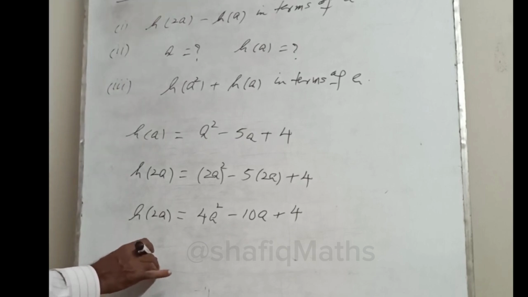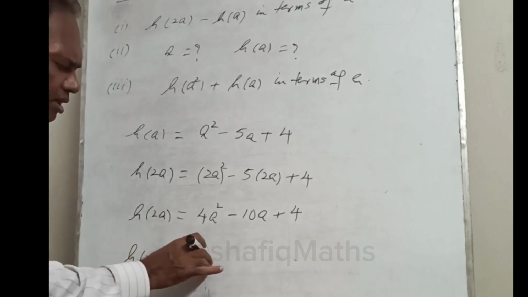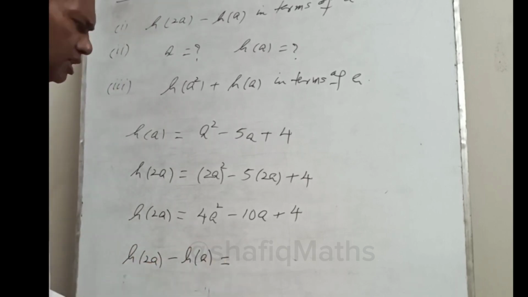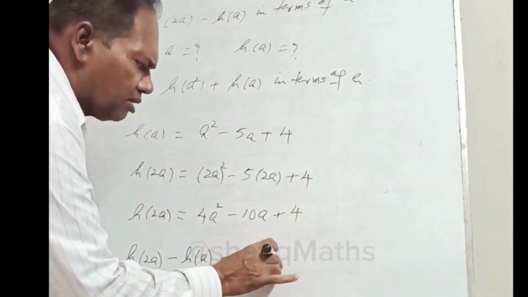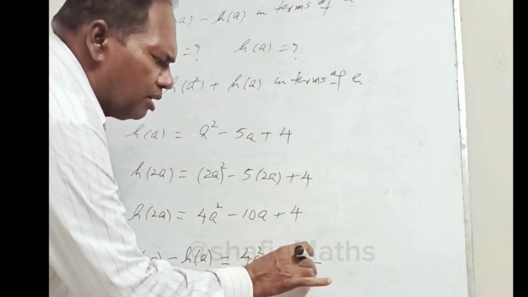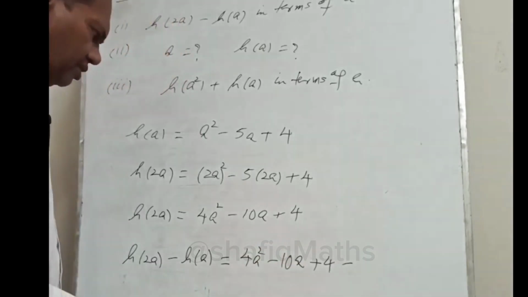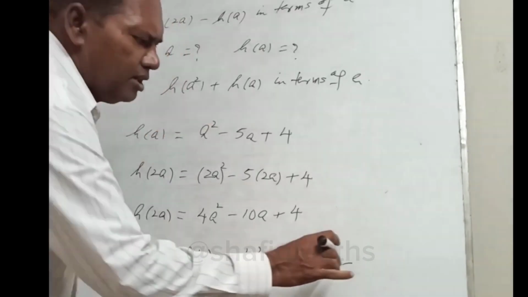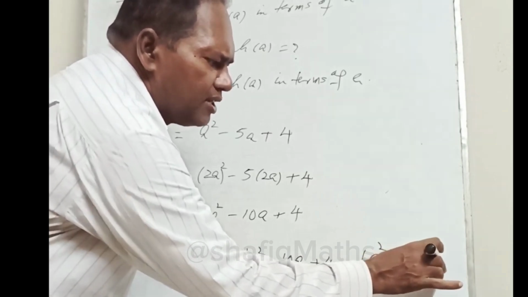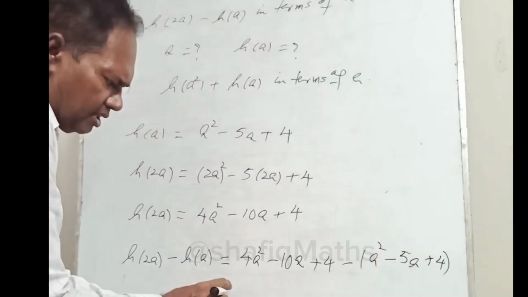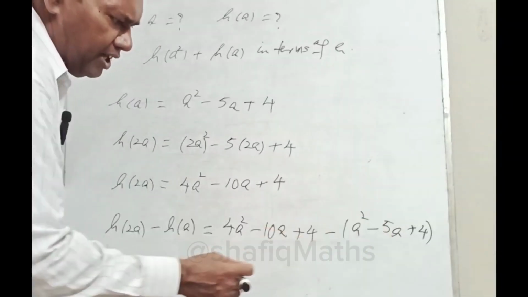Now substituting the values of h(2a) and h(a) in this expression. h(2a) minus h(a) equals, the value of h(2a) is 4a square minus 10a plus 4, minus the value of h(a), which is a square minus 5a plus 4. Now we are removing the bracket.